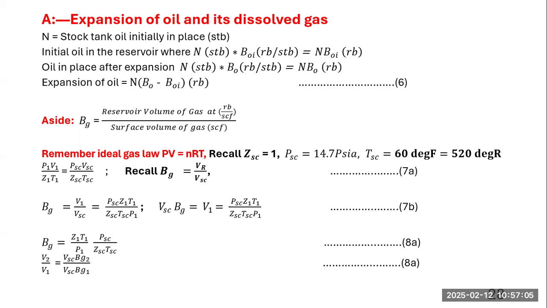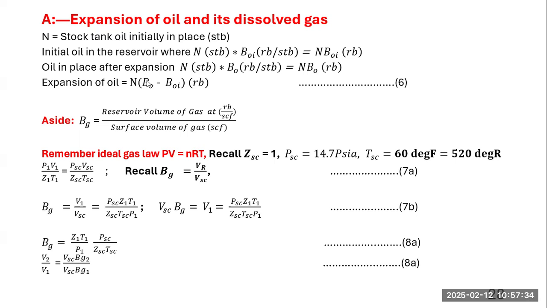So for the expansion of oil and its dissolved gas, you have N Bo minus N Boi, so you have N into (Bo minus Boi).